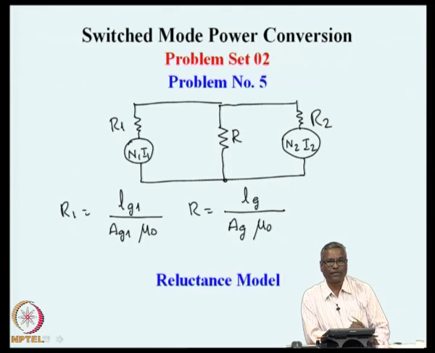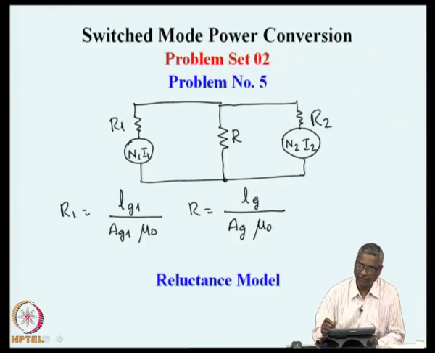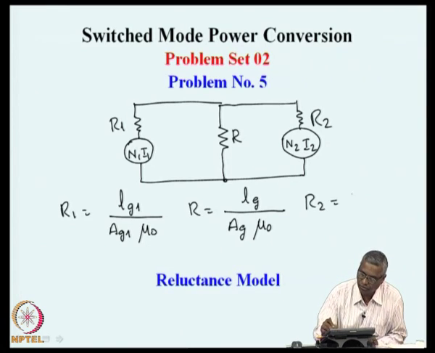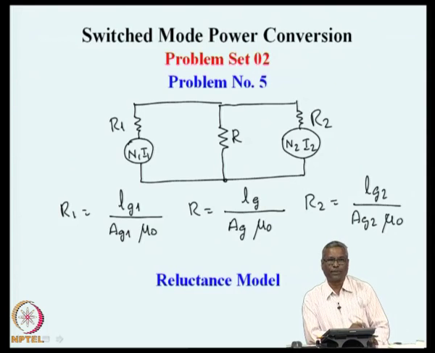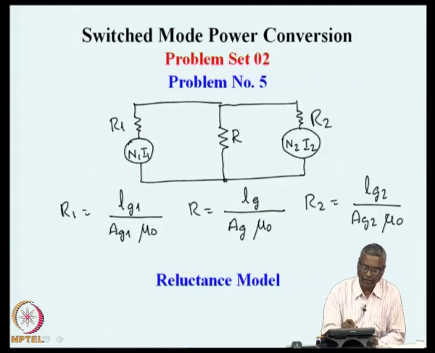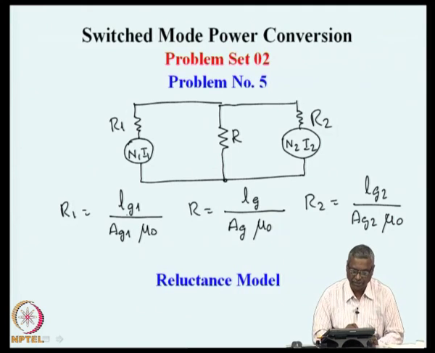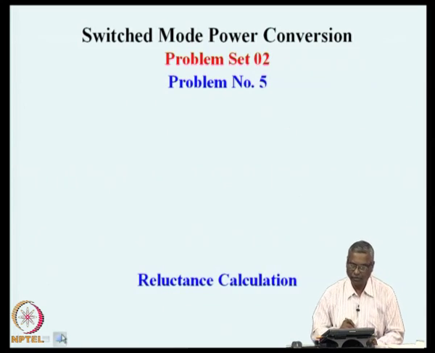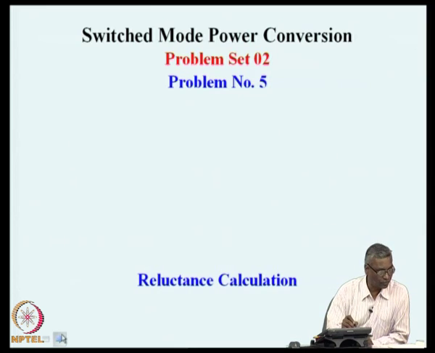The central limb has certain air gap, and there also the reluctance is dominated by the air gap reluctance, and we neglect the iron reluctance, and the outer limb 2 has a reluctance of Lg2 by Ag2 mu naught. So, it is possible to find out each one of these reluctances by evaluating that with the given dimensions that we have here.